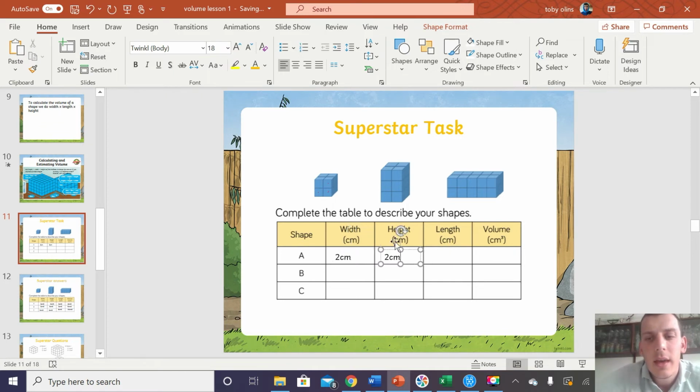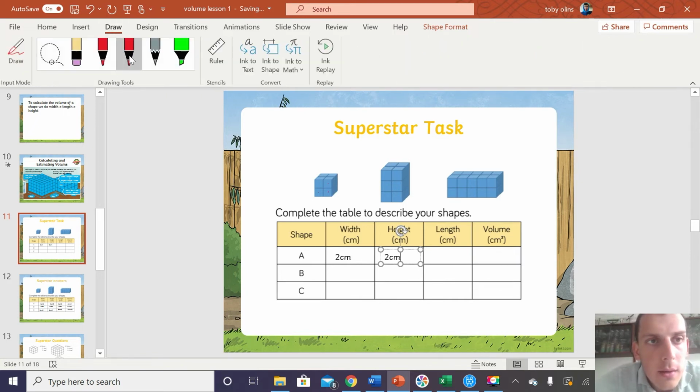And then the length is this way. So let's go again. The length would be 1 and then 2. So the length is 2.